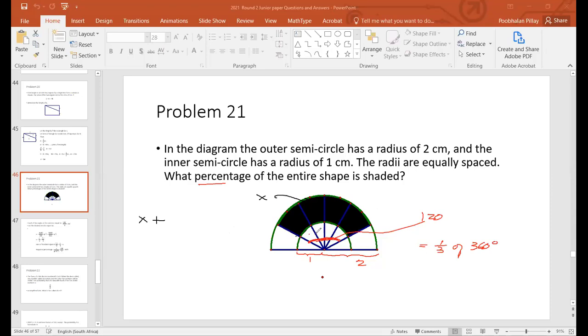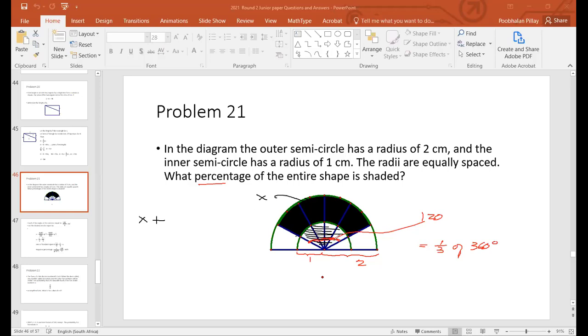So X plus this area here. X plus that one is equal to the area of this entire piece.